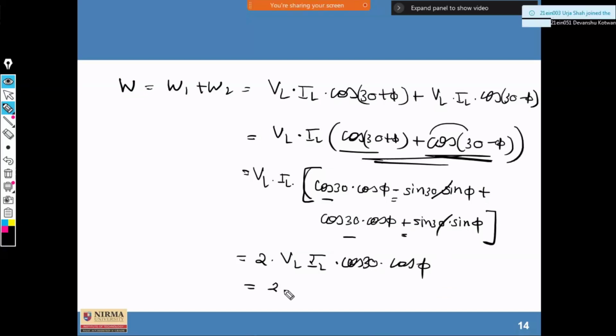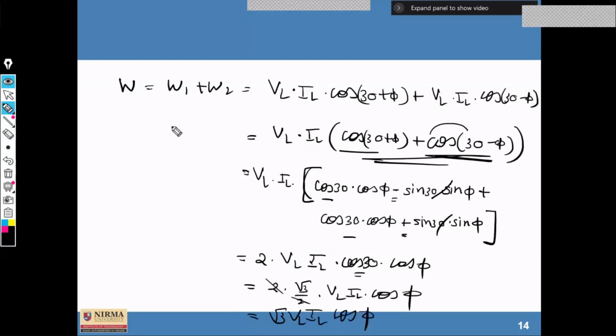And cos 30 is root 3 by 2, so if 2 is cancelled, then root 3 times VLIL. So this is your total power measurement: W is root 3 VLIL cos 5. That is the power equation where VL and IL are line parameters.